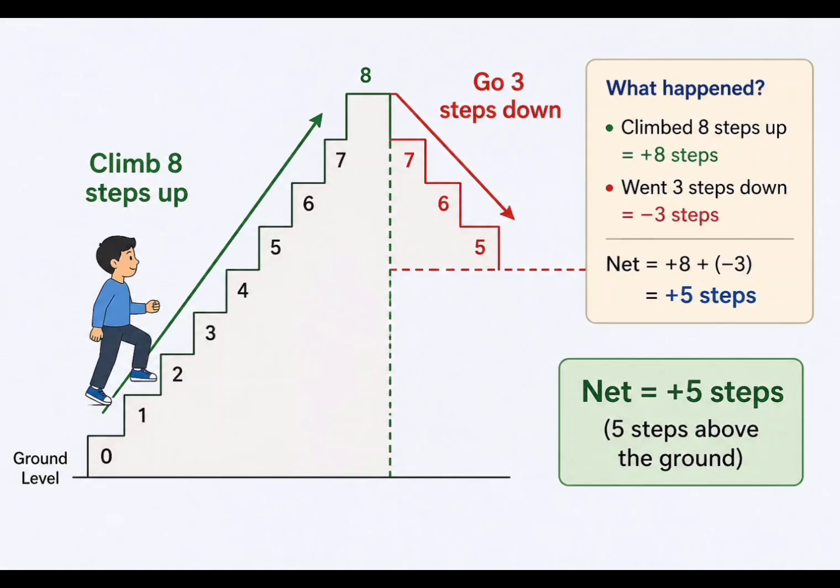Down is a negative word and it represents negative 3 steps. So the net steps, or where he will land, is plus 8 plus negative 3. One positive and one negative. So he will be landing on the fifth step, applying the rule of different signs: subtract the numbers and put the sign of the greater number. So he will be 5 steps above the ground level. This is how you apply grouping of numbers in real life applications.